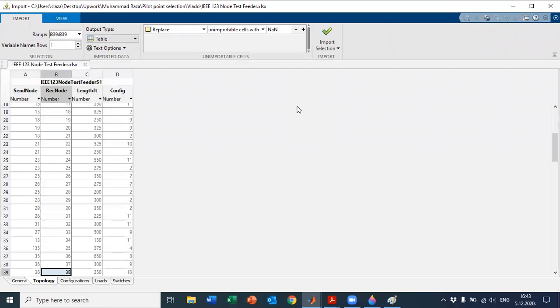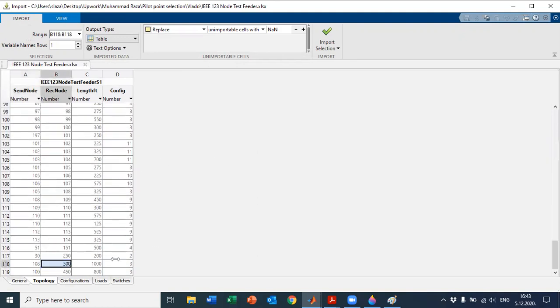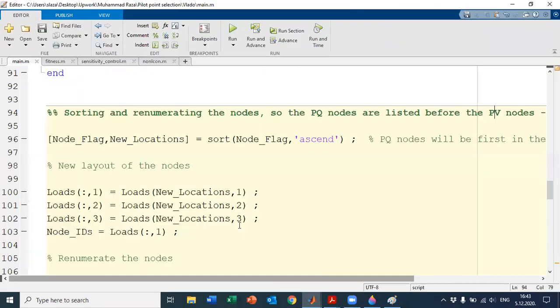Some of the nodes are not here, because we have nodes like, for example, 113, 300, 450. So we're enumerating the nodes in order for this to be completely logical, so that it goes 1 to 2, 2 to 3, 3 to 4, and 4 to 5, all the way to the end. That is why we're renumerating the nodes.